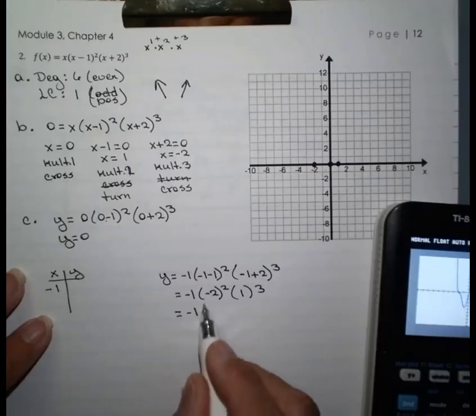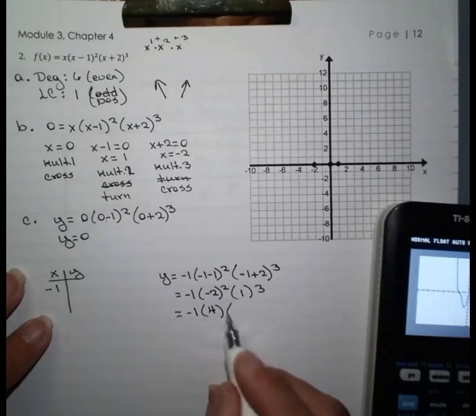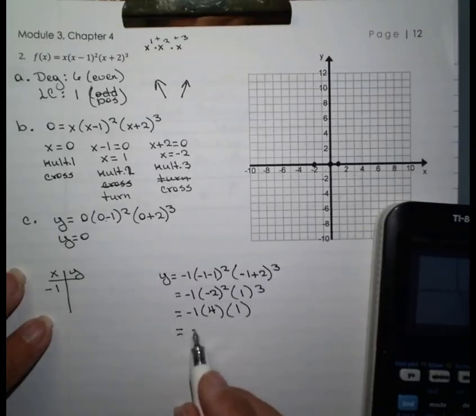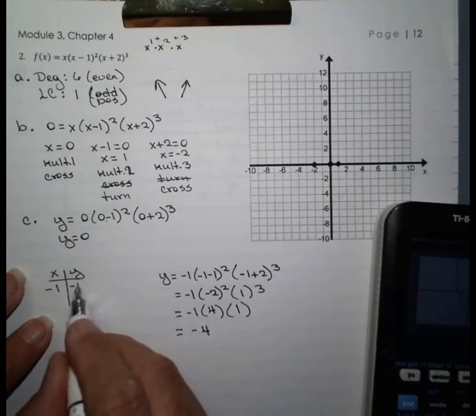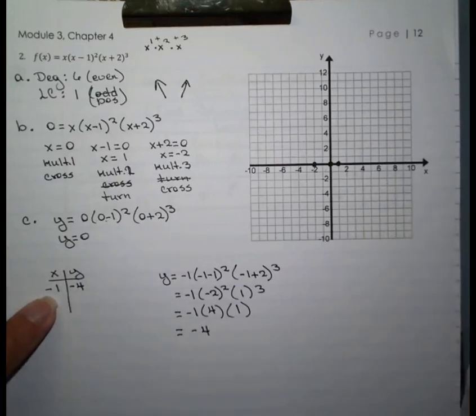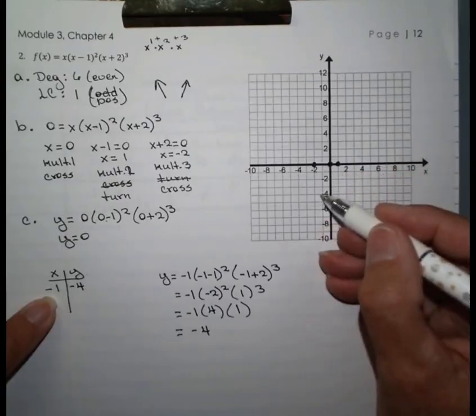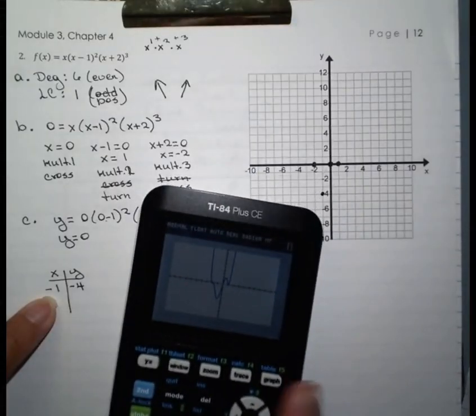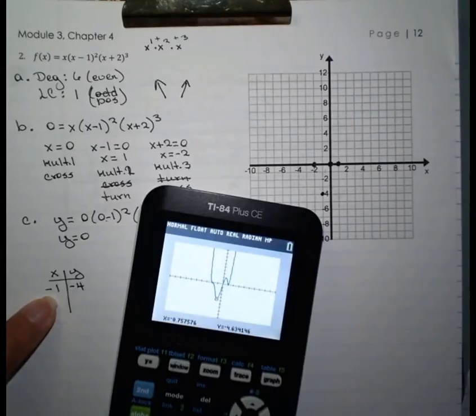So I have negative 1 times a positive 4, multiplied by 1 cubed, which is just 1. So it's going to be negative 4. Those look like whole numbers, where x is negative 1 and y is negative 4, and that looks like the turning point of that graph to me, or very, very close to it. Close enough that I could say that's probably what I'm going to graph.